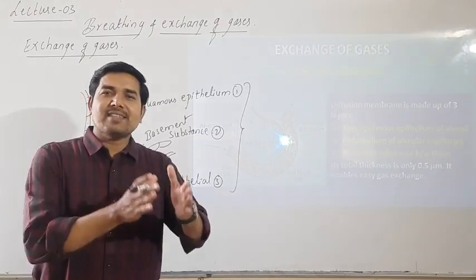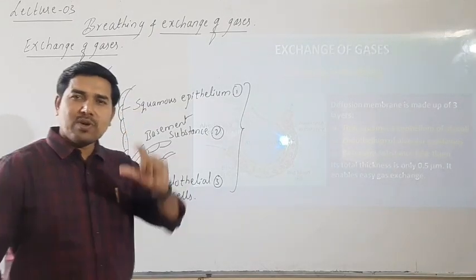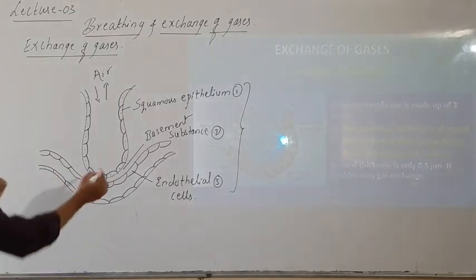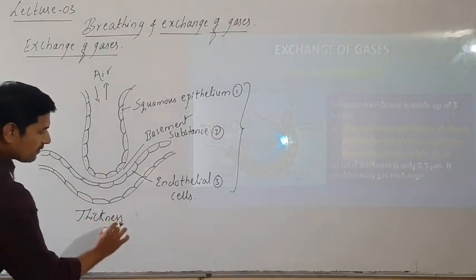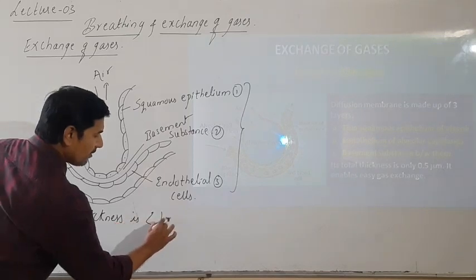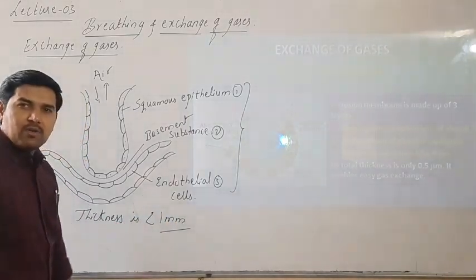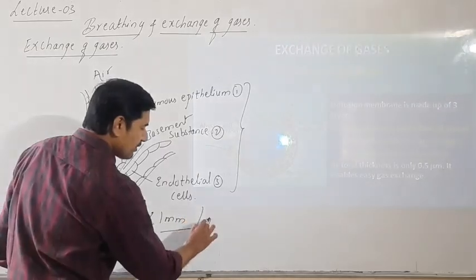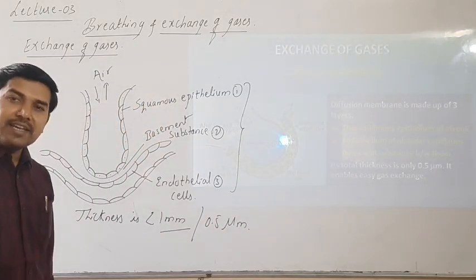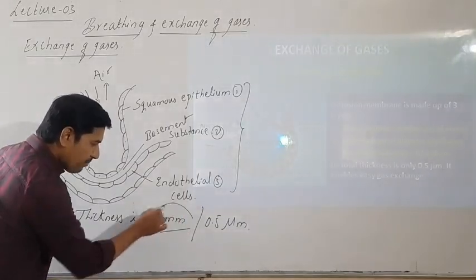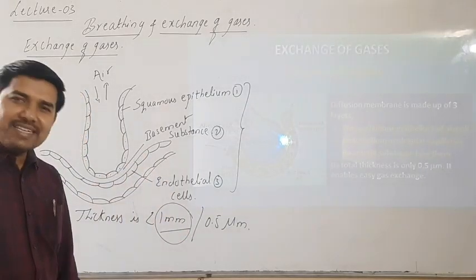We say less than 1 millimeter. So what is the thickness? The thickness of this is less than 1 millimeter, or we also say it is around 0.5 micrometer in its thickness. Okay, so this is the most important point, which is given in your NCERT.